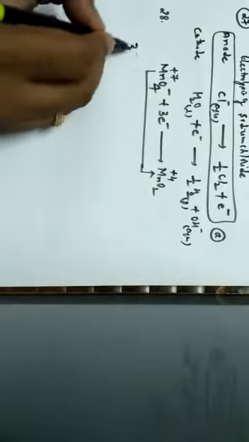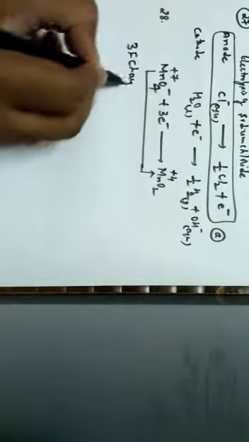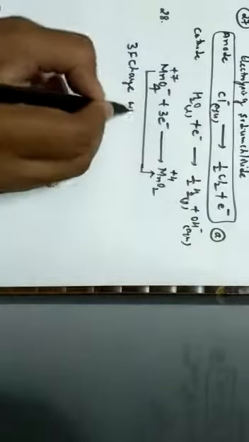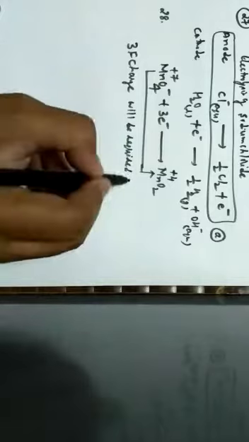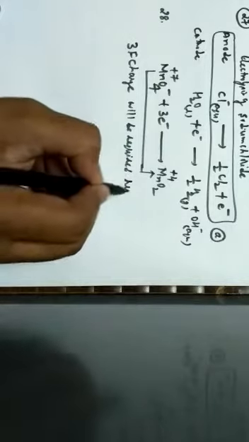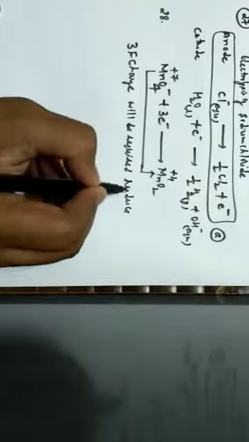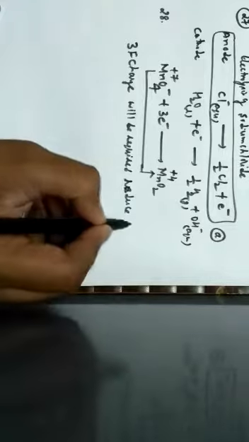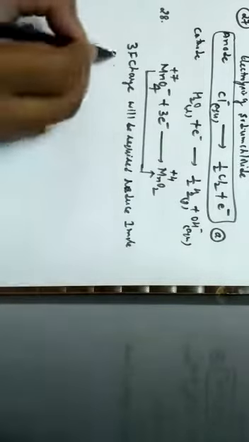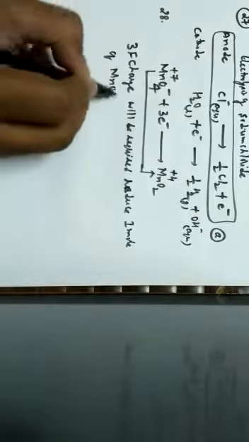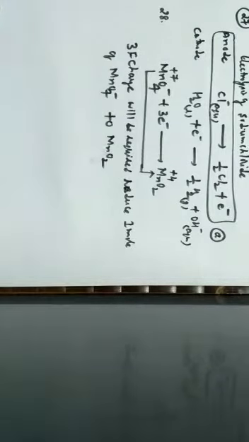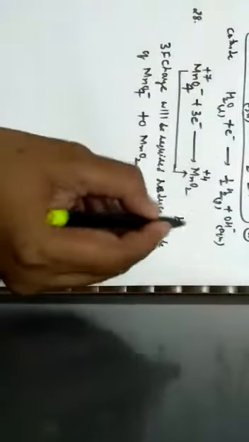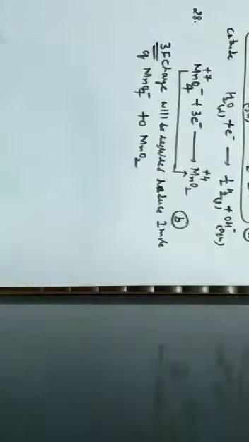So here, since 3 electrons are required, 3 farad charge will be required to reduce 1 mole of MnO4 minus to MnO2. The correct option for this given question is option B, which is given with 3 farad.